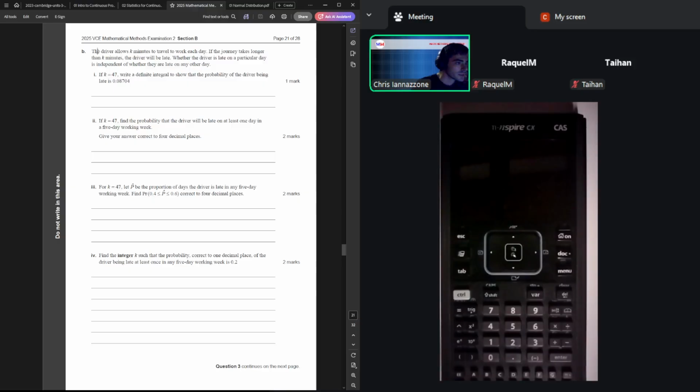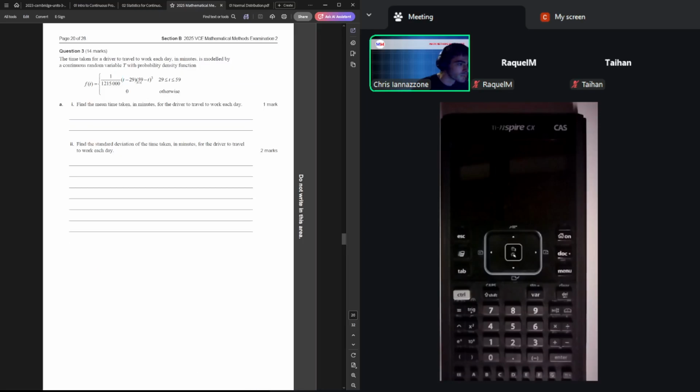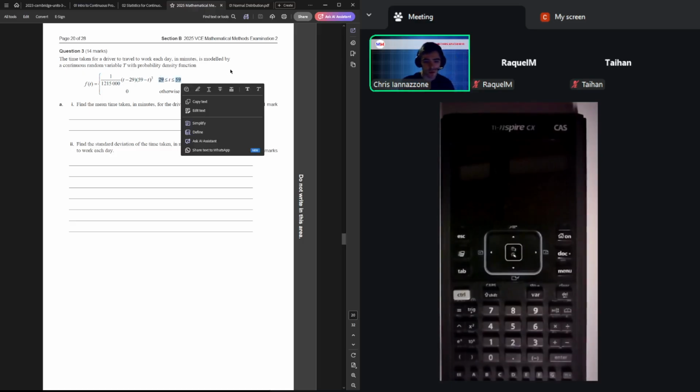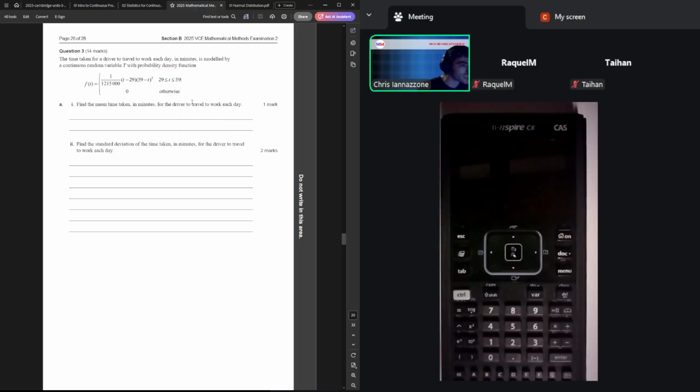From there, what else is it asking? Driver allows k minutes to travel to work each day. If the journey takes longer, driver will be late. Whether the driver is late is independent. If k is 47, write a definite integral to show the probability of the driver being late. So this is the time taken to travel to work. So these t values here are all about how long it took to get to work.